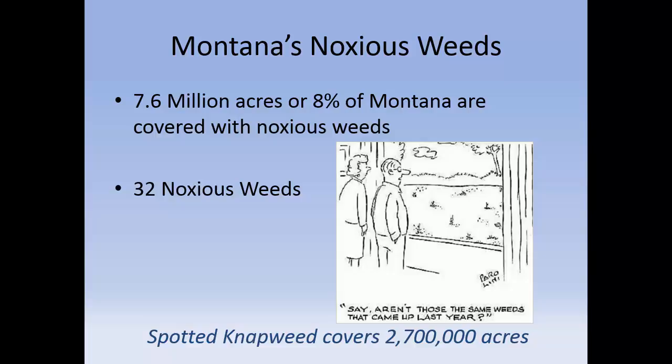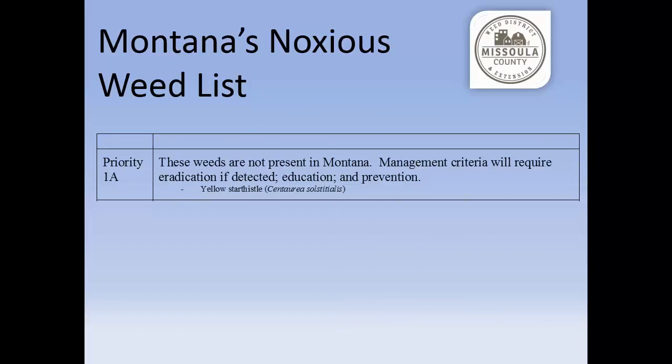And that's what I'm going to talk a little bit about today, some of our noxious weeds. The Department of Agriculture is who mandates that law, and they have listed our noxious weeds into groups called priorities. Priority 1A only has one species in it, yellow star thistle, because they're not present in the state.